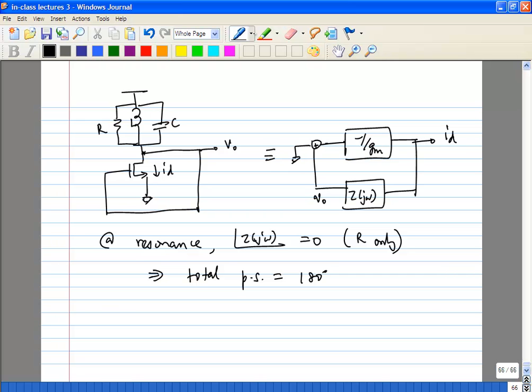Right? So what we'll do is, we'll cascade two of these stages, because if you cascade them, you will get a 360 degree phase shift.